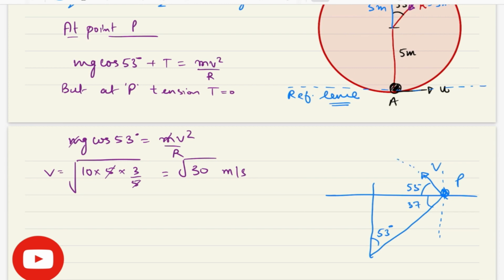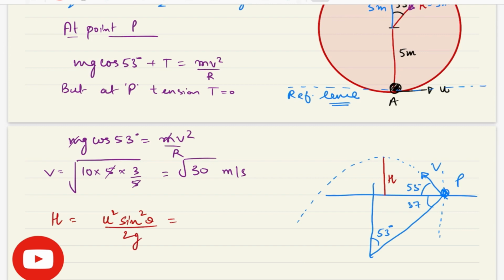So it will follow a projectile motion, something like this. So we need to calculate the height achieved, the maximum height achieved by the particle. So we will use the formula of projectile motion: u square sine square theta upon 2g. This is the formula we will use.